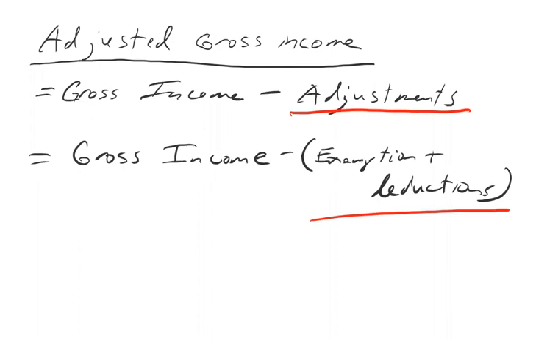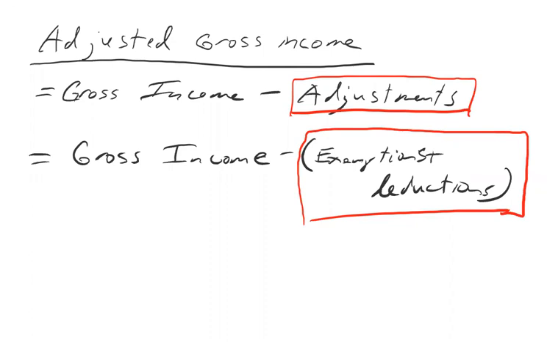So that's your adjusted gross income. It's going to be your gross income, which is all the money you made, minus your exemptions plus your deductions, which is your adjustments.